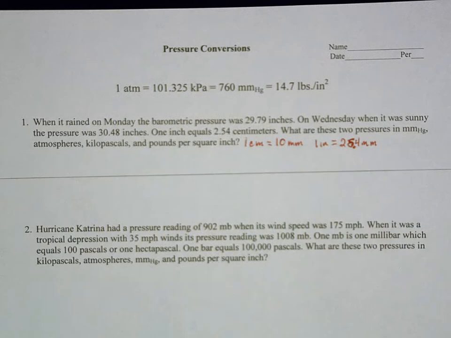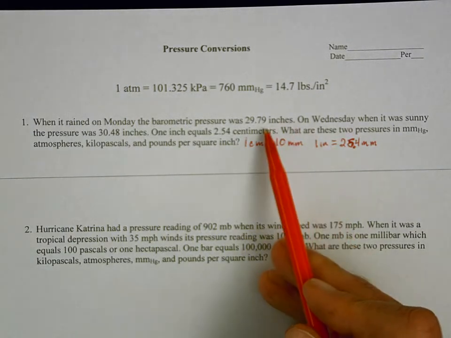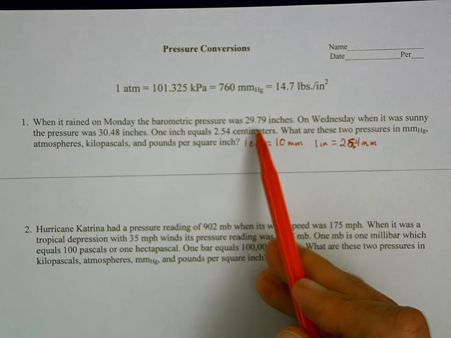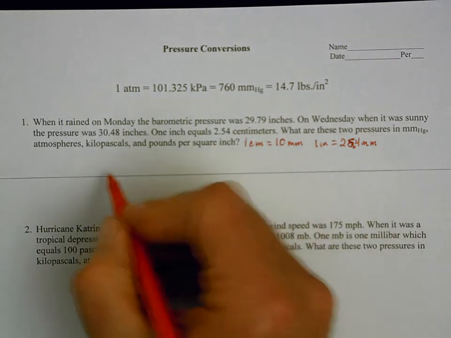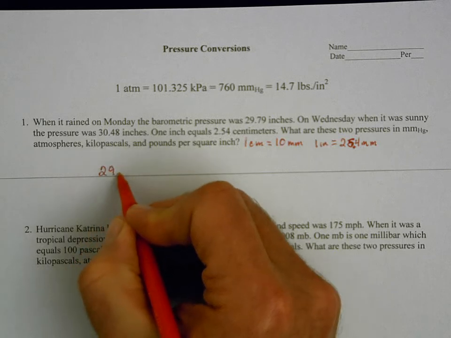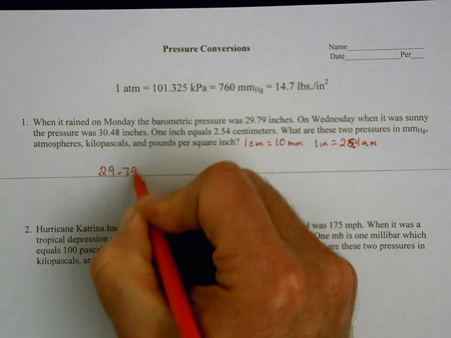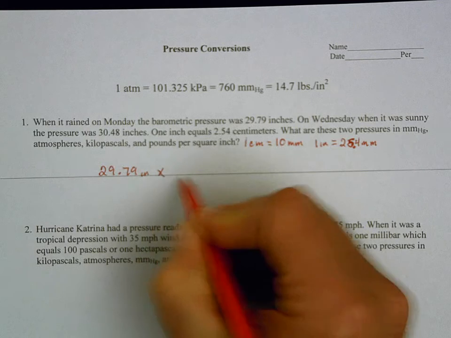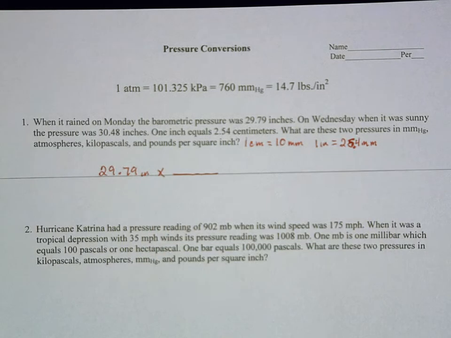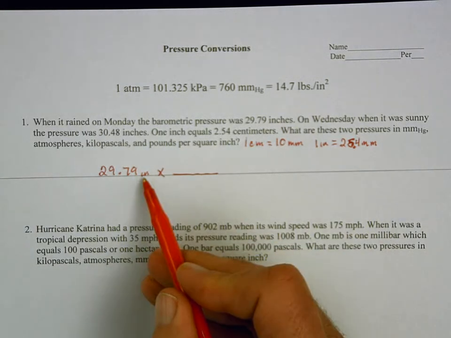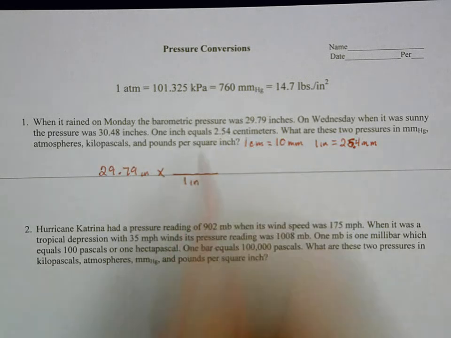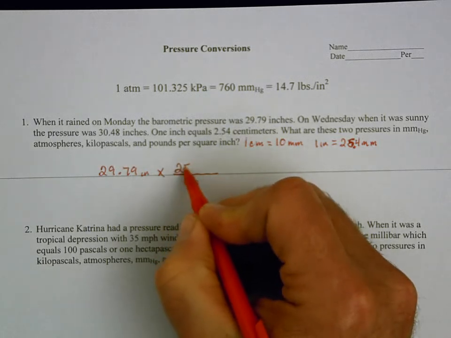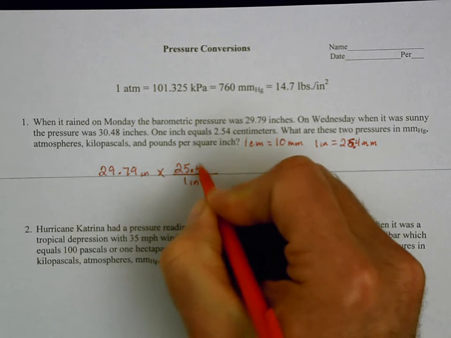And so we just move the decimal over 1. So if we want to get what the paper would say, rainy day, 29 something inches for the barometer reading, we're just going to change it like this, 29.79 inches times, draw my line, just like we were doing a mole problem. Now we want to get rid of the inches, so we're going to put the 1 inch down here, and up here we're going to put our 25.4 millimeters.